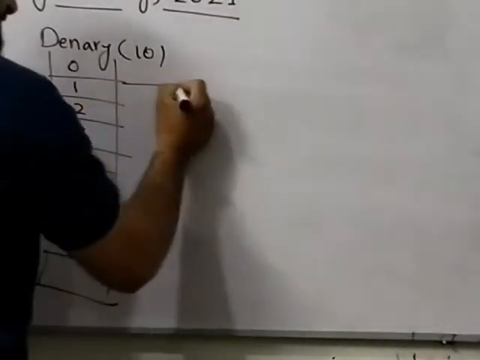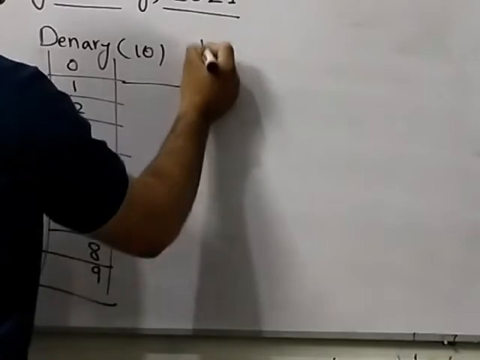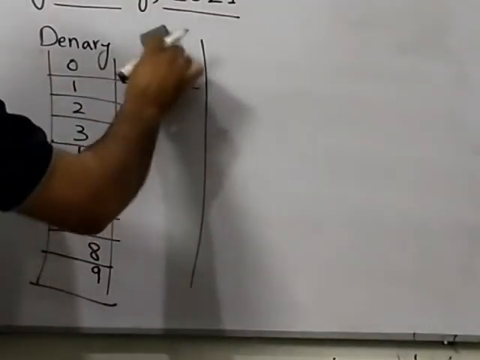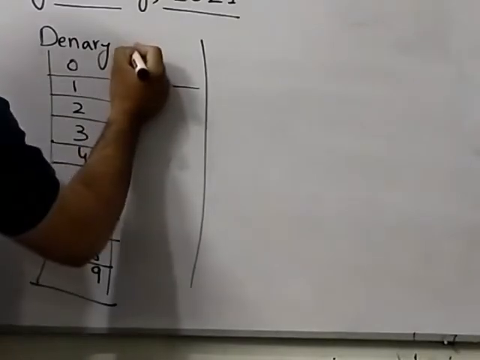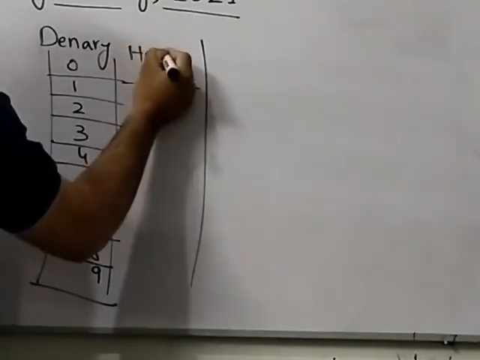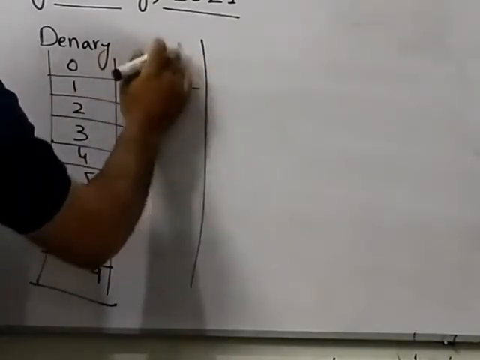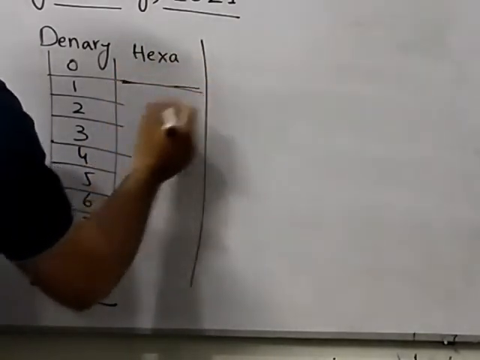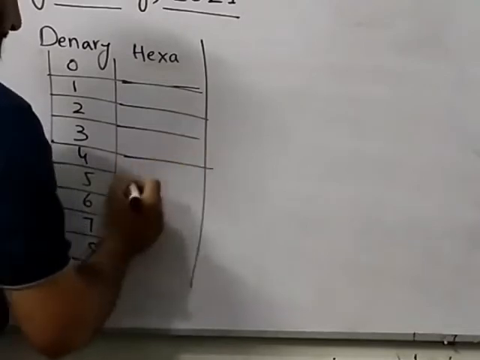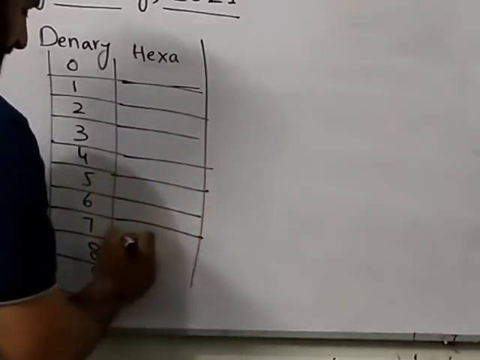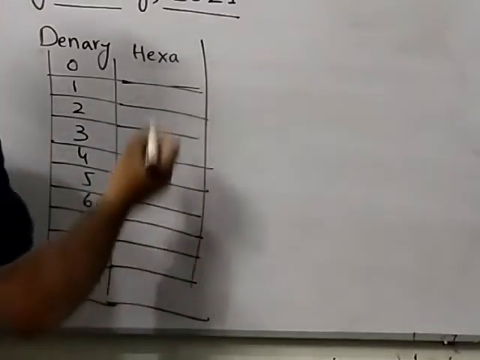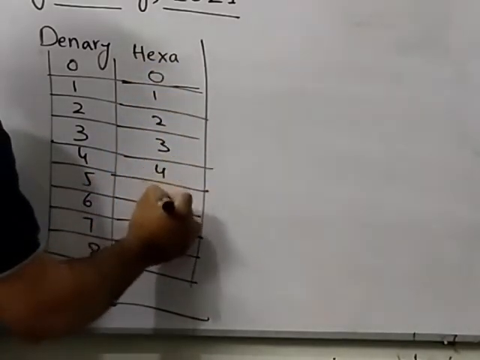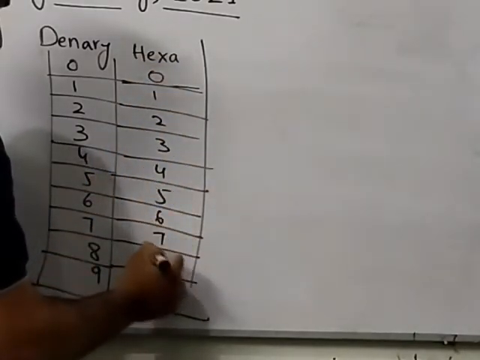So what about our hexadecimal number? Here I will write my hexadecimal numbers. They will also start from 0, 1, 2, 3, 4, 5, 6, 7, 8, 9.